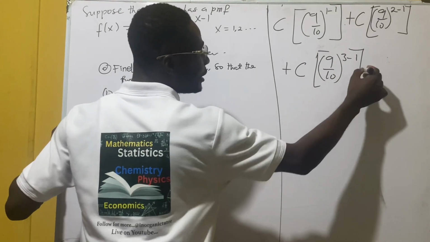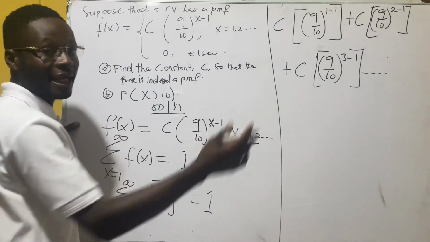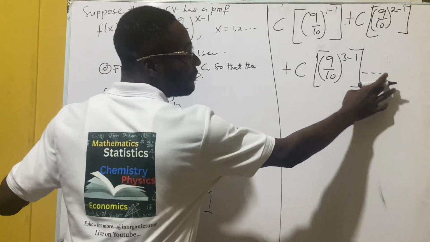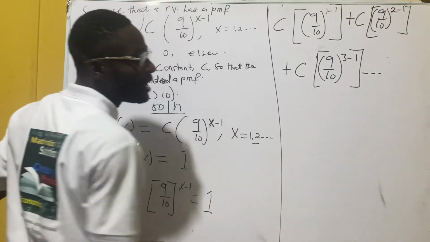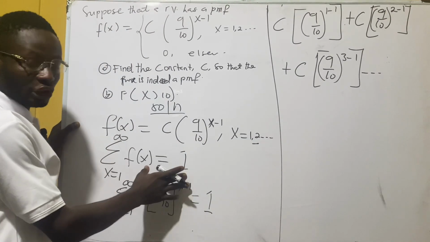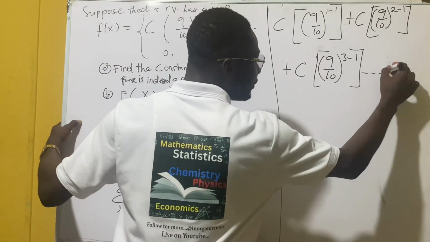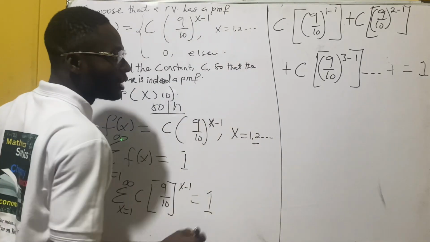This goes to infinity because we don't know the end, so we leave it at 3 dots and then we equate it to 1, because when you sum everything, it should give you 1.